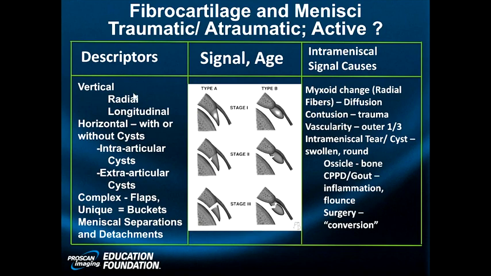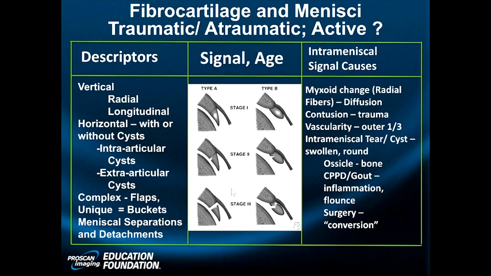So I've given you some of the descriptors for meniscal tears already. I drew them for you. You can have intrameniscal cysts, extrameniscal cysts, flaps, buckets, separations, detachments, radial longitudinal tears, vertical longitudinal tears, and then you've got the causes of intrameniscal signal that we already discussed. Then this is a diagram showing you the different types of hip labral signal.